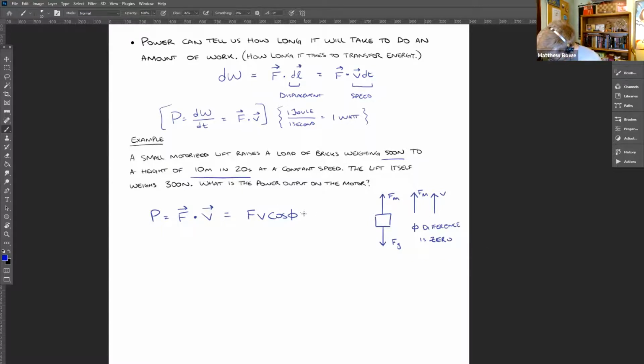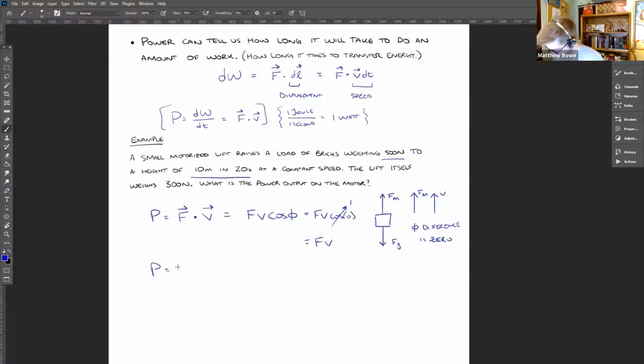Because if phi is 0, cosine of 0 is just 1. So we have this whole thing. Power is just force times velocity in this case, the magnitudes of each.